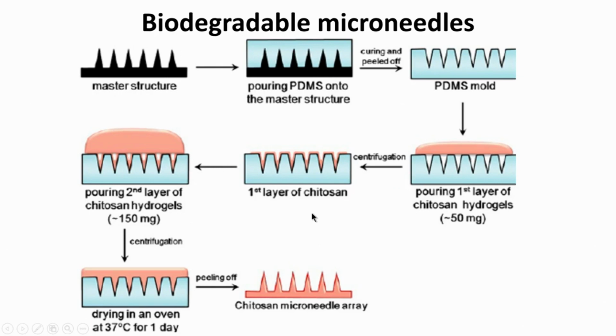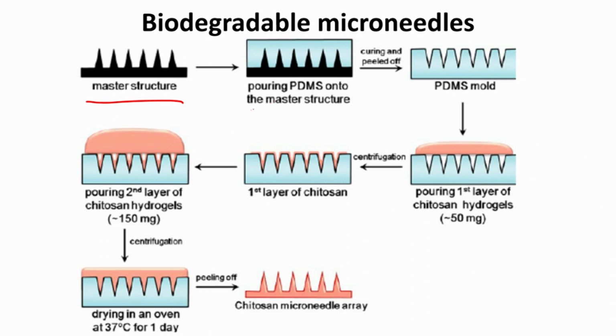Again, these sharps are also a problem and you do not really want to use quite a lot of these titanium and metal based things. So you can also make biodegradable microneedles. You have a master structure, which could be of some metal or some other element.